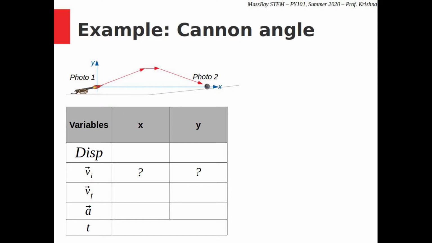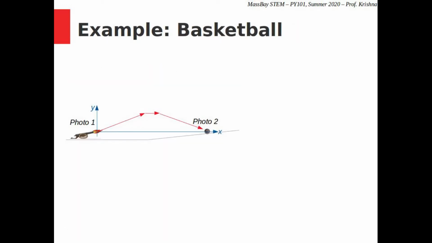The unknown is the launch angle, the angle of the initial velocity. The initial velocities in x and y are unknowns. The knowns are the displacement in x and y and the accelerations in x and y. Let's return to the way we drew our vector for initial velocity.